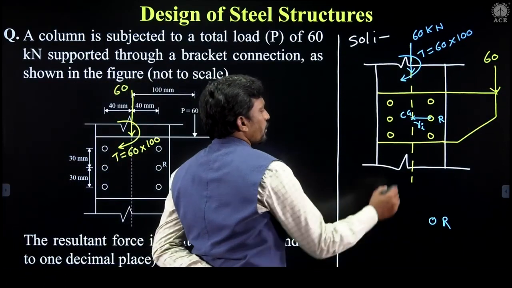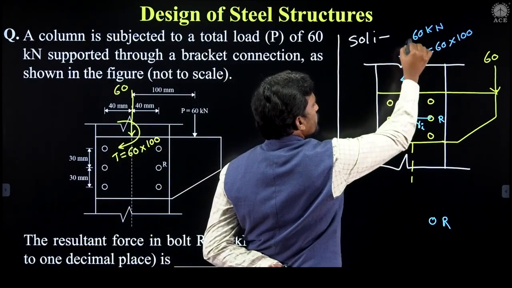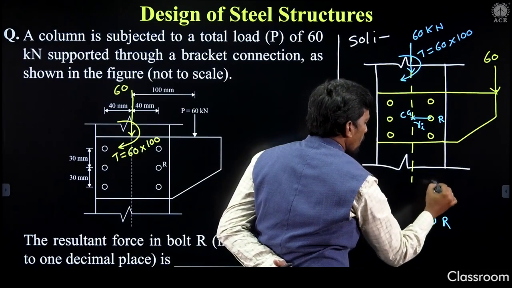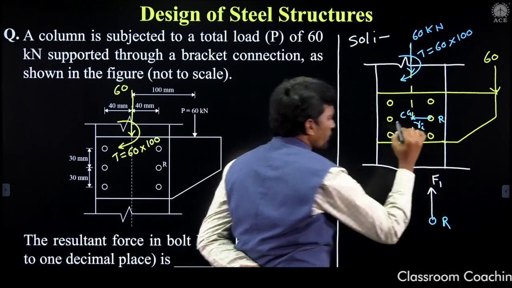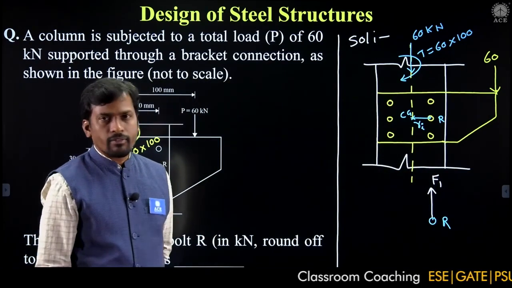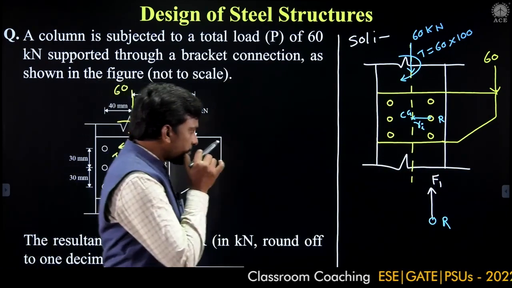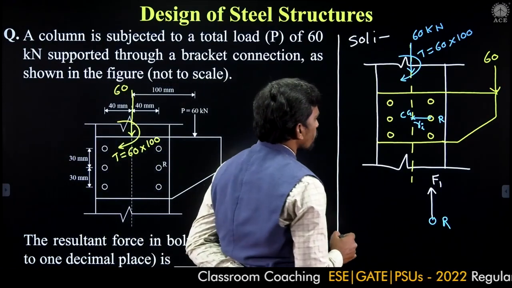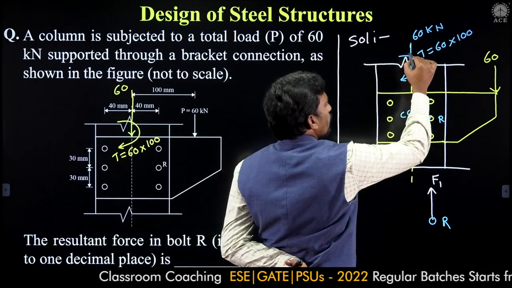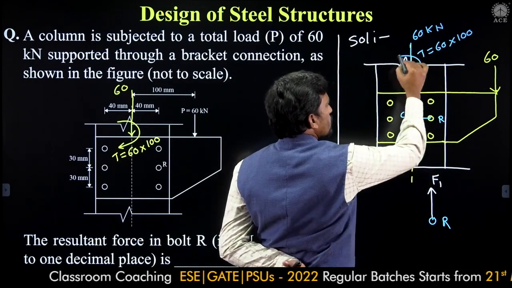Here the first force, due to load P, is downward. If it is downward, mark it opposite, so this is upward. This is F1, the shear force due to direct load P. Next, always remember, this is the twisting moment.